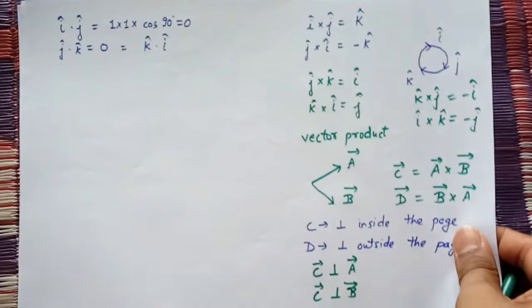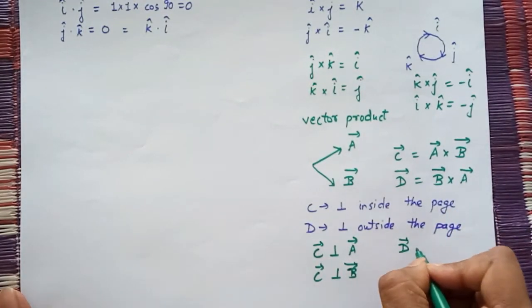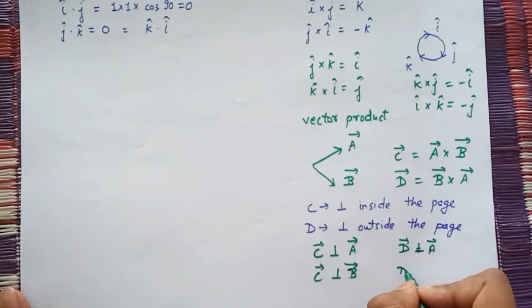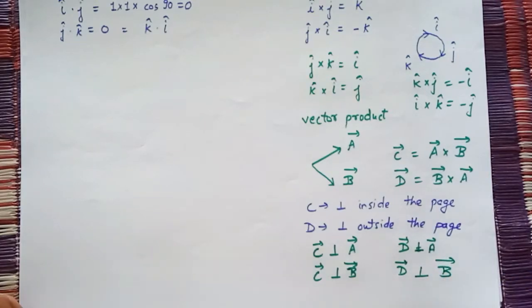Similarly, D vector is also perpendicular to each of them. This is just the basic concepts of scalar product and vector product.